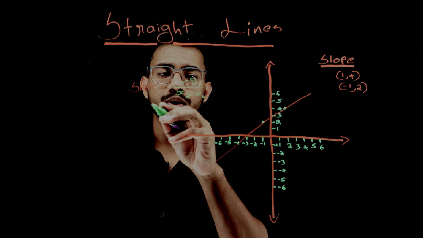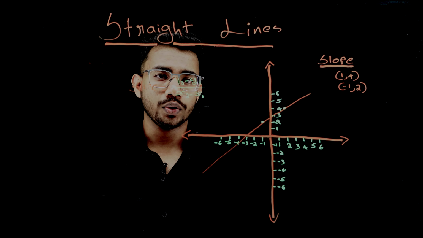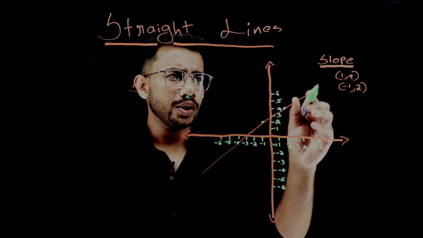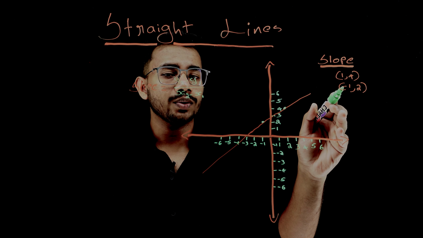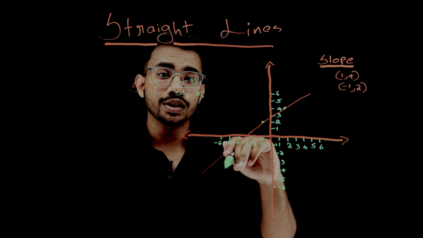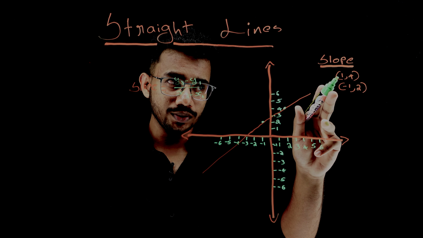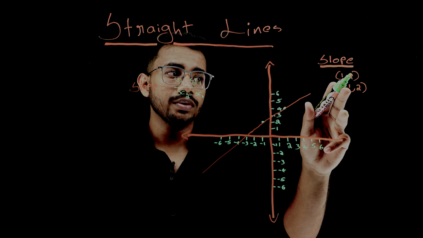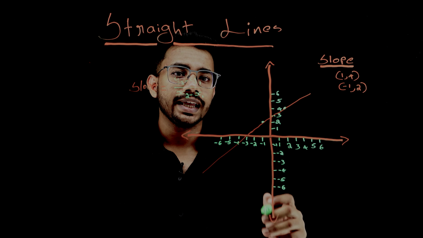Here the y1, y2 and x1, x2 are nothing but my coordinates themselves, and you can take them in any order. That means you can take 1 as x1 and 4 as y1 and -1 as x2 and 2 as y2. You can do the reverse also. That means you can take 1 as x2 and 4 as y2 and -1 as x1 and 2 as y1.